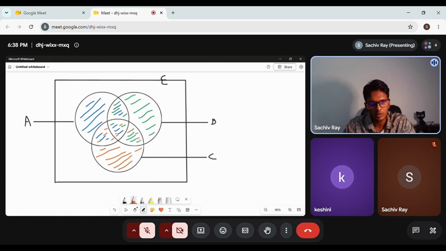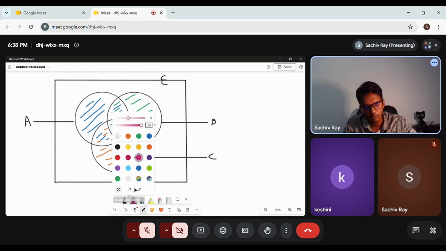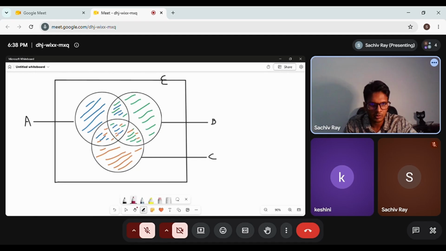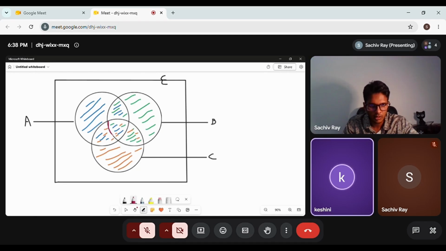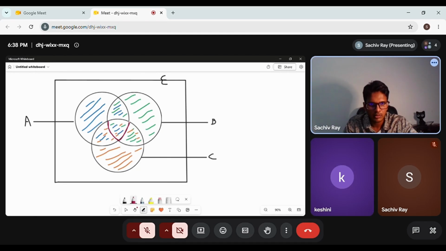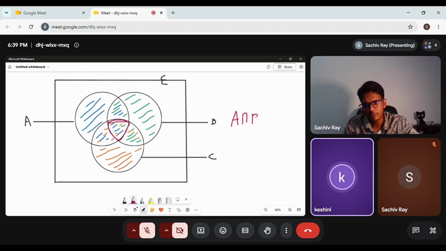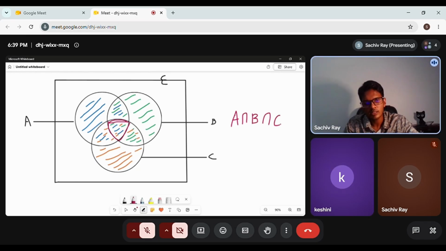Now, intersection means common. So what has been colored with all three colors? Only the middle part, right? Let me use a different pen. Purple, yeah. Only if this part is colored, we can call it A intersection B intersection C. Exactly.